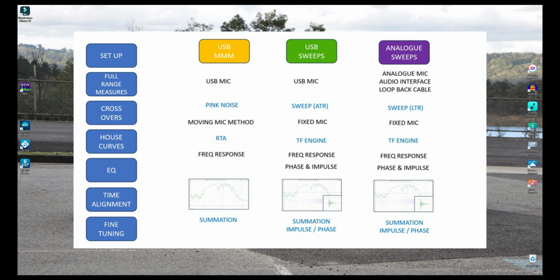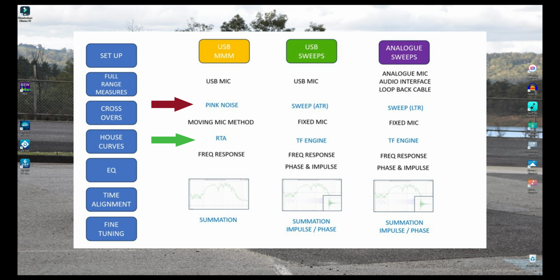What I mean by that is if we look at this diagram, the moving mic method uses pink noise, which is a very specific test signal, and then you use a tool called a real-time analyzer to analyze that pink noise response and give you the frequency response of your speakers.